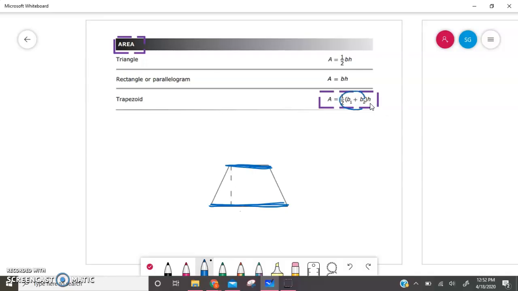So that's this piece right here. And then the line that connects one of the bases to the other base, that's going to be our height, which is that last piece over there. So whenever we are looking at the formula, we're going to make sure that we're filling in those labels correctly. So let's go ahead and move on to our first example.